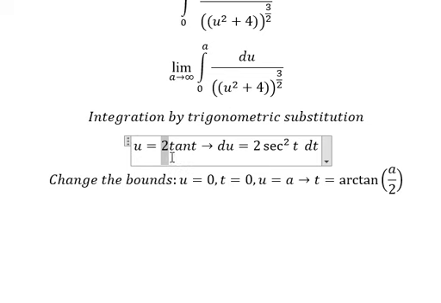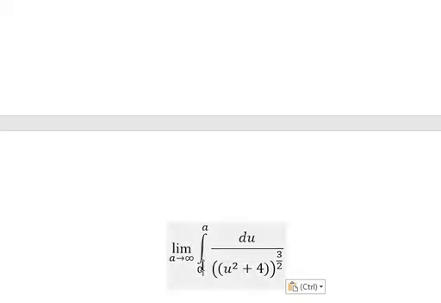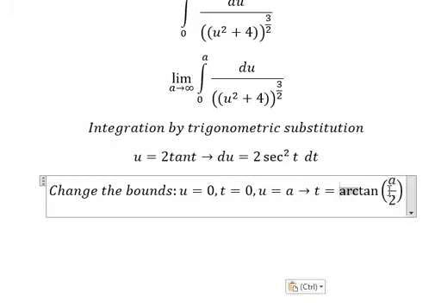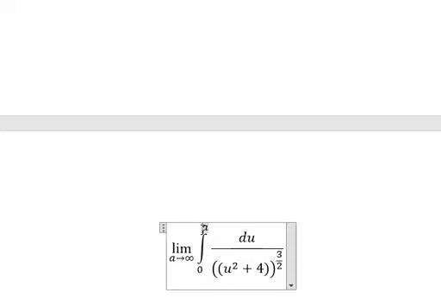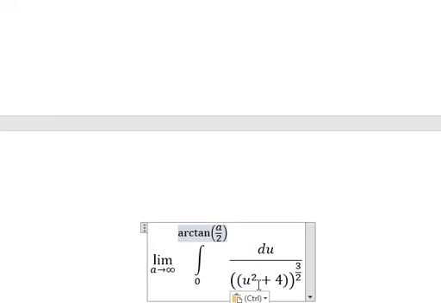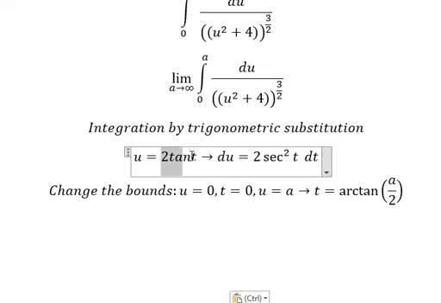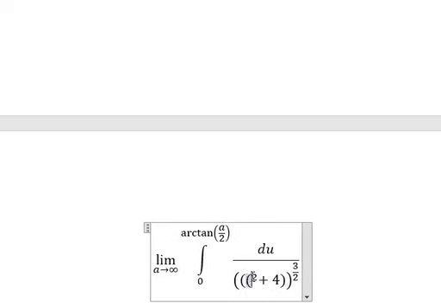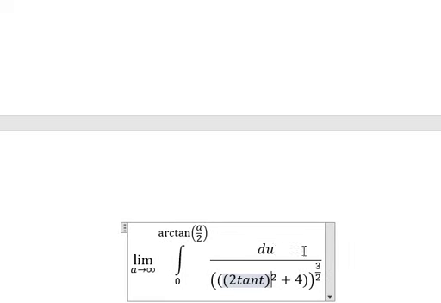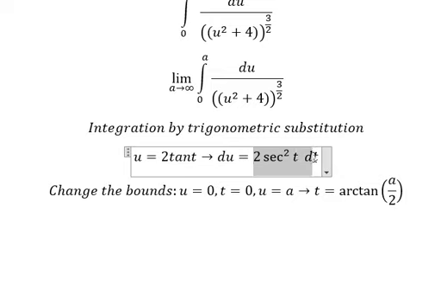And later we use arctan, and we change u into b. 0 we keep the same, b we change to this one. u squared we change to this one. du we change to this one.